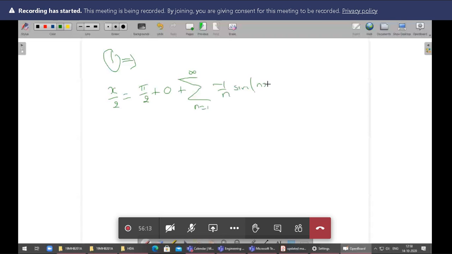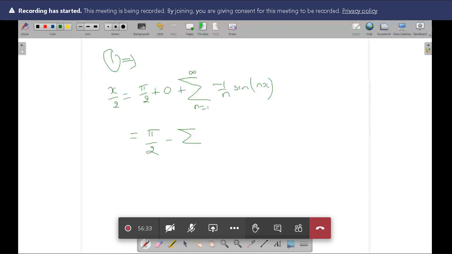So 2 pi gets cancelled. So the required Fourier series expansion for the given function in that interval is pi by 2 minus summation n from 1 to infinity sin nx by n. So this is the required Fourier series expansion. So we have to find these results.